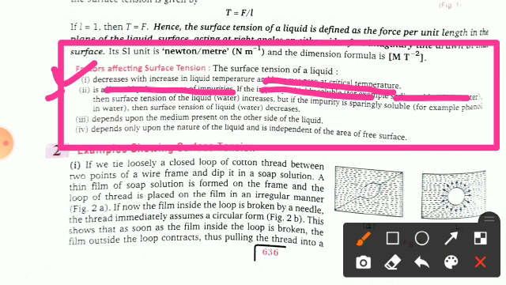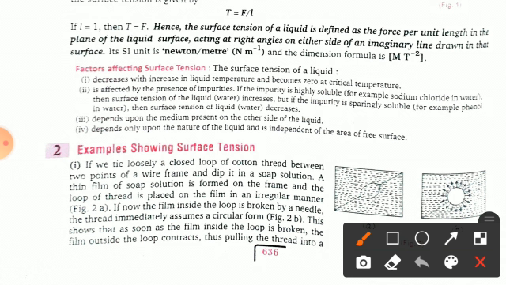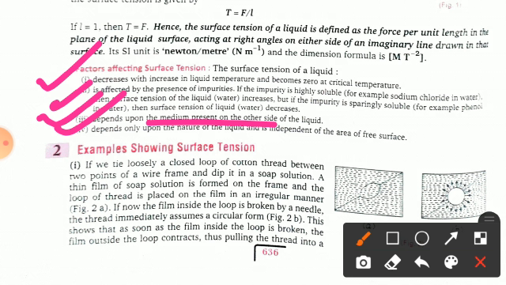But if the impurity is sparingly soluble, for example phenol in water, then the surface tension of the liquid decreases. You can remember in what cases surface tension increases and in what cases it decreases. Now come to the third one: it depends upon the medium present on the other side of the liquid. The fourth one: it depends only upon the nature of the liquid and is independent of the area of the free surface.